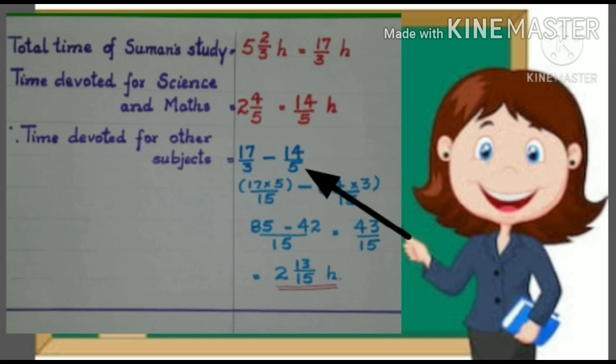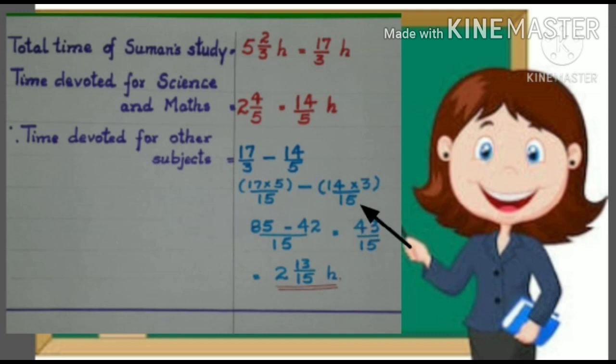Therefore, for time devoted for other subjects, we must subtract the time taken for science and mathematics from the total time of studies. That is 17 upon 3 minus 14 upon 5. Take the common denominator 15. So 3 times 5 is 15. So 17 into 5 we get 85.